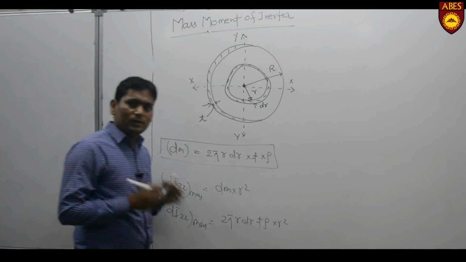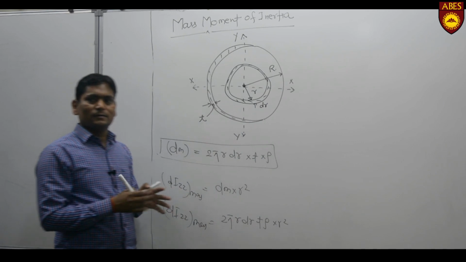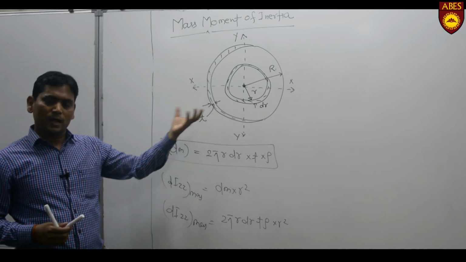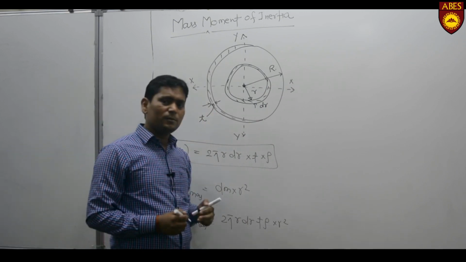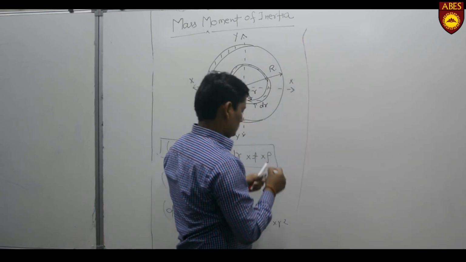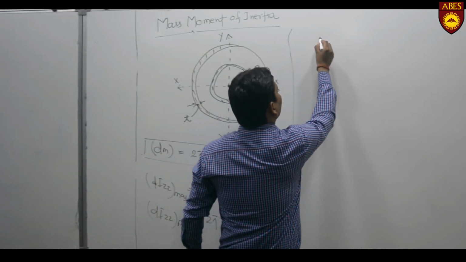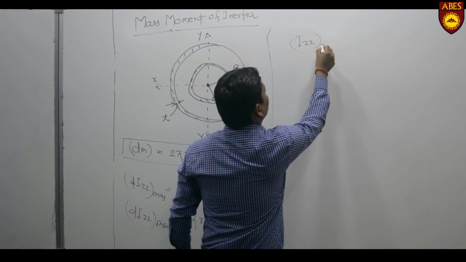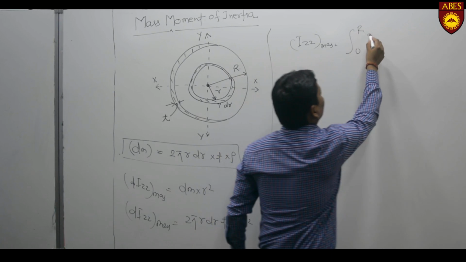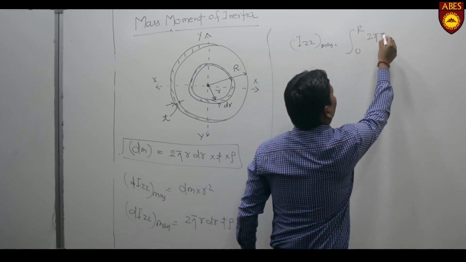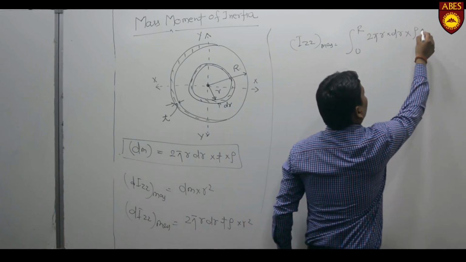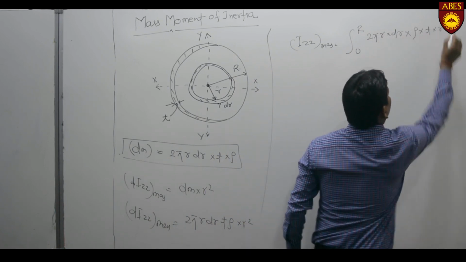Now we will calculate for the entire disc about the z axis. The limit will be 0 to capital R. Izz mass equal to the integral with limit 0 to capital R of 2 pi r into dr into rho into t into r square.